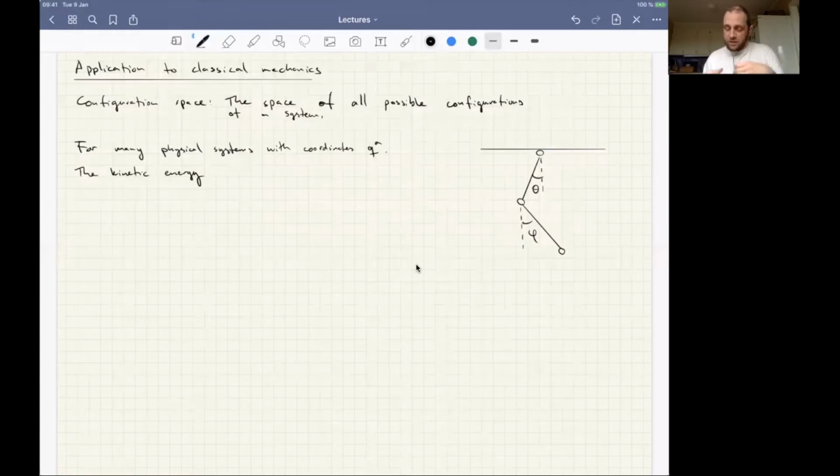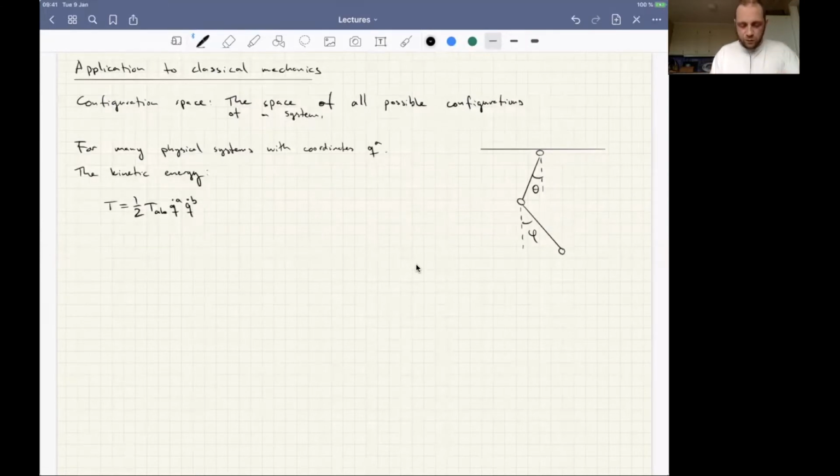That is true. So I can write down the kinetic energy in Euclidean space, but it depends on these coordinates. In the end, I'm going to be able to write this kinetic energy in the following form: T_AB Q dot A Q dot B. So it's of second order in the velocities, right?